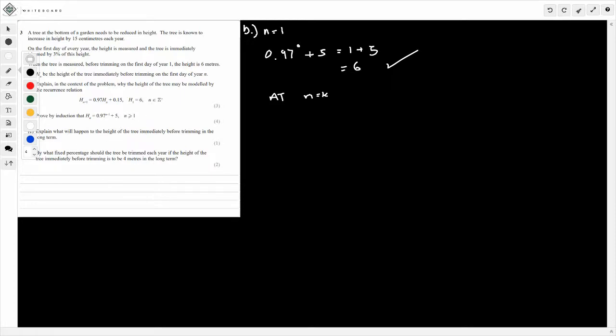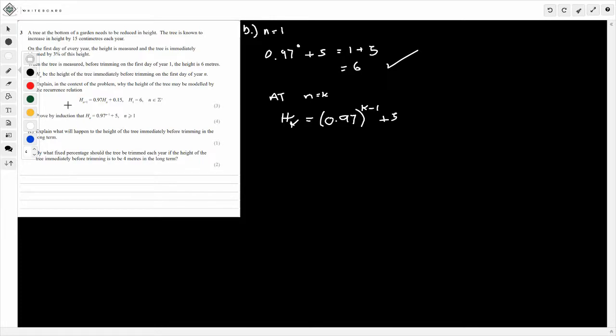So that gives me hk is equal to 0.97 to the power of k minus 1, so then just replace it with a k. So that's the power of k minus 1. And I've still got my plus 5 here, so let's add that on. Plus 5. Alright, we've got hk.